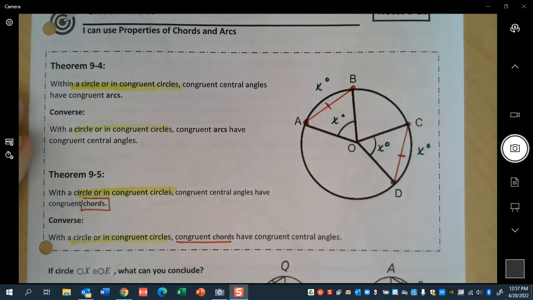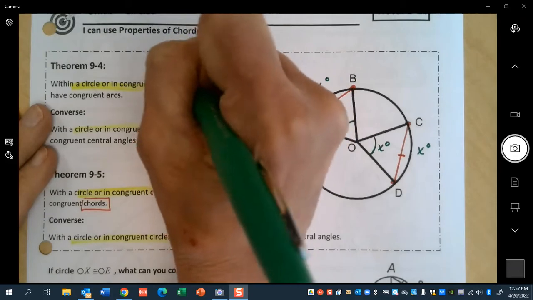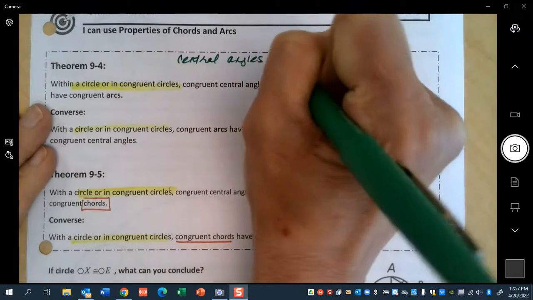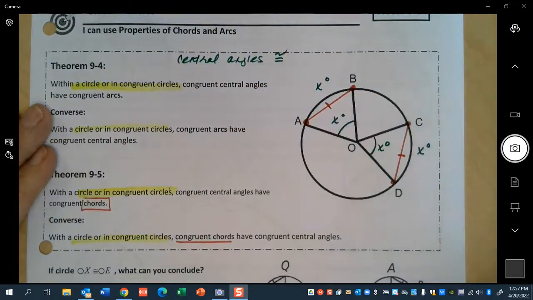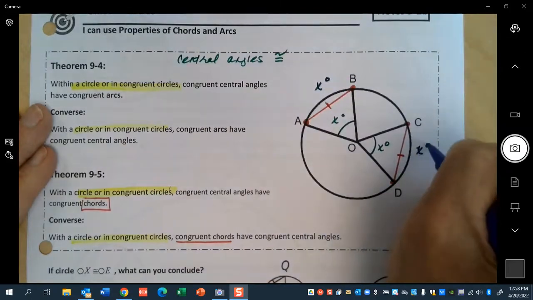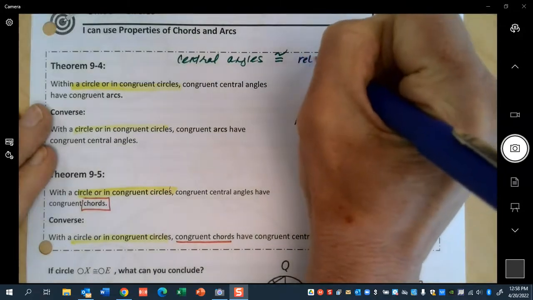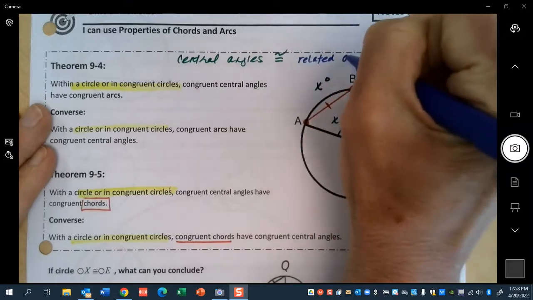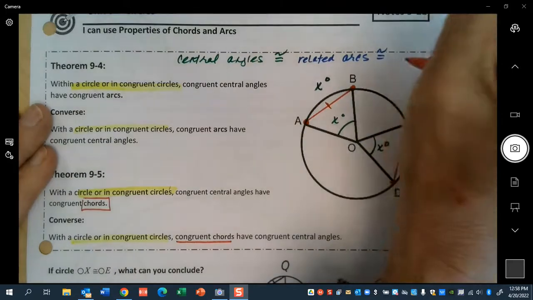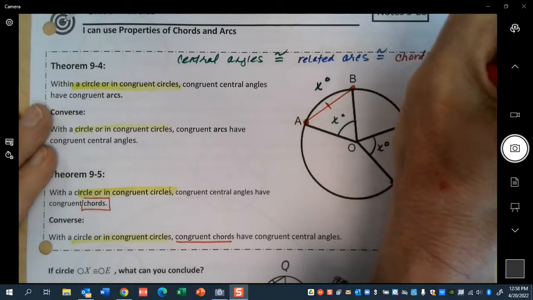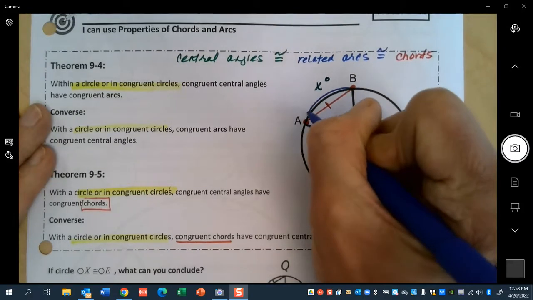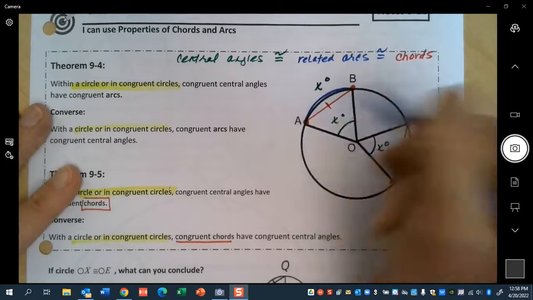So we want to make sure that we're talking about our central angles being congruent, and I'll change this color for our related arcs being congruent to our chords. Once you have that scenario that's true, it's true for all of them.